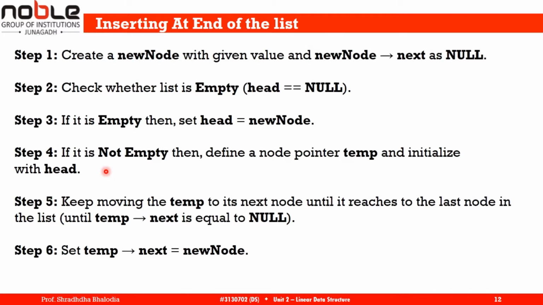Keep moving temporary to its next node until it reaches the last node in the list. It means temporary next is equal to null. And the last step is to set temporary next equal to new node. This is how insertion is done in the single linked list at the end of the list.